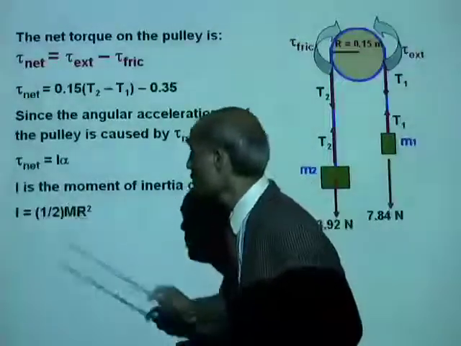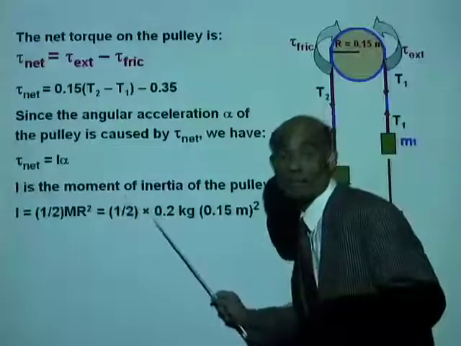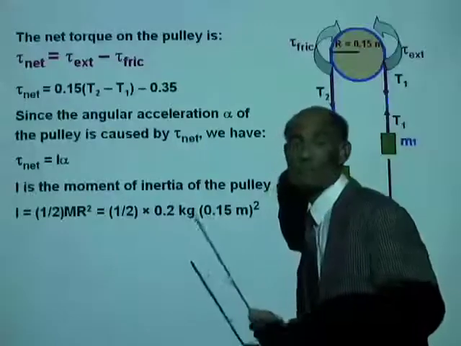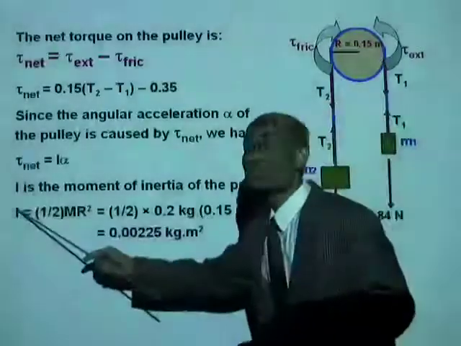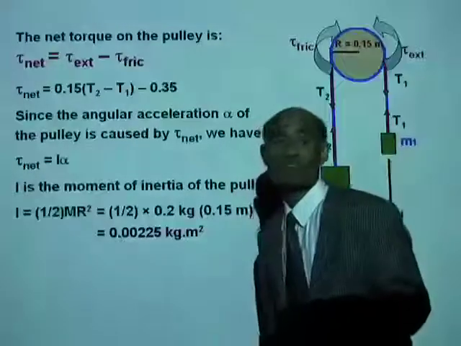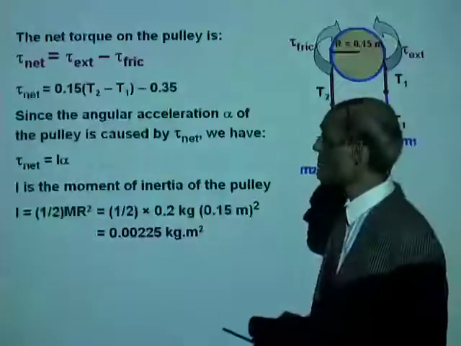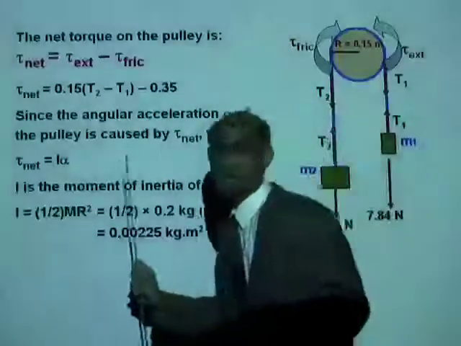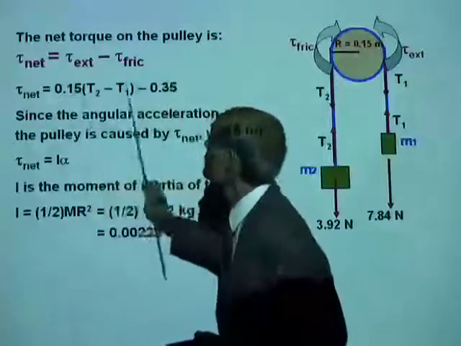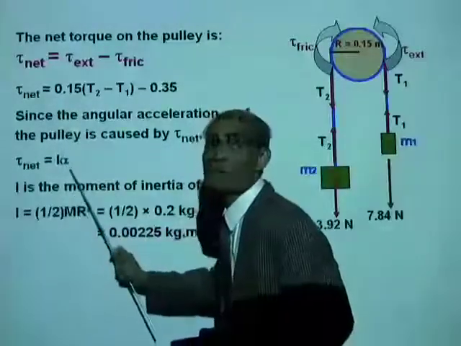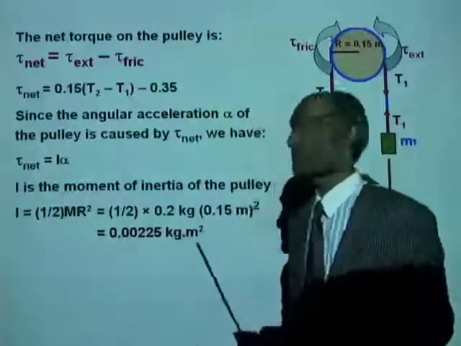We know the mass and the radius: the mass is 0.2 kilogram, the radius is 0.15 meter, so the moment of inertia of the disc is 0.00225 kilogram meter squared. So we have tau net equals I alpha, where alpha is the angular acceleration.